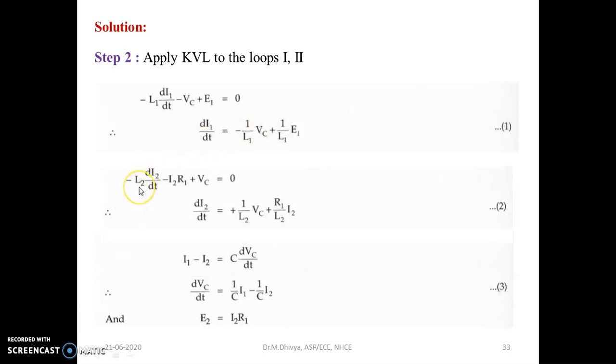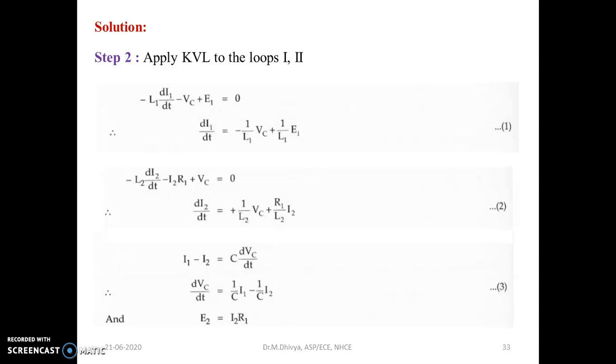Similarly, for the second mesh, we get minus L2 di2 divided by dt minus I2 R1 plus Vc is equal to 0. From this, di2 divided by dt is equal to 1 divided by L2 into Vc plus R1 divided by L2 into I2.